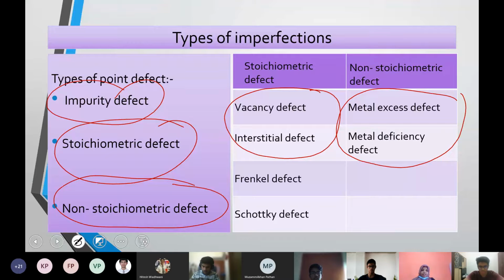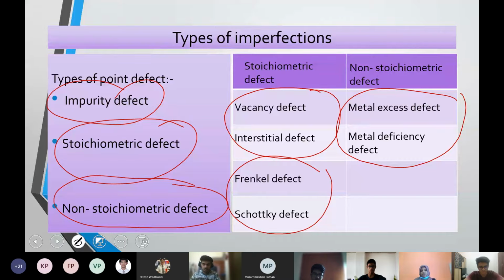What about Frenkel and Schottky? Frenkel and Schottky come under stoichiometric defect, but they are examples or types of vacancy and interstitial defects. You will understand that when we start discussing it one by one.